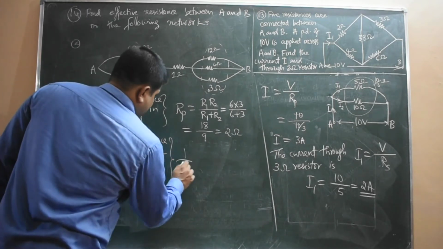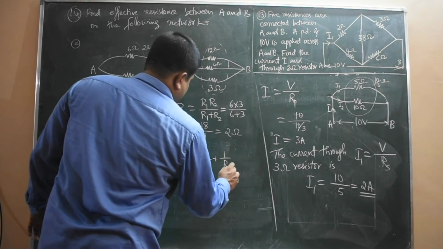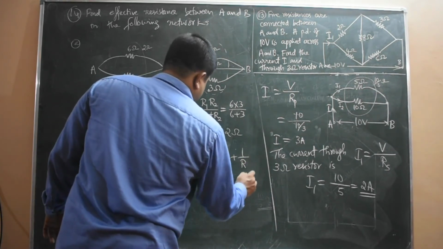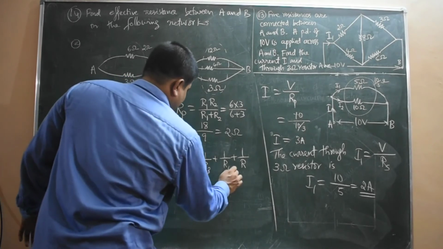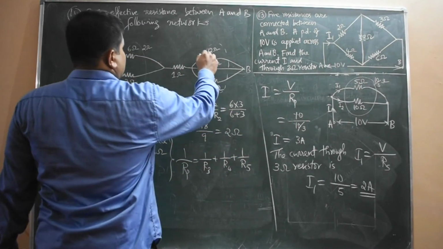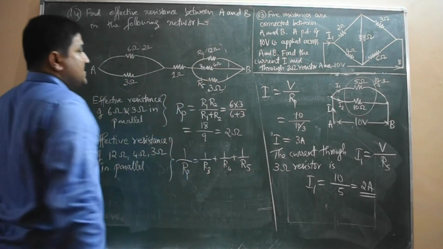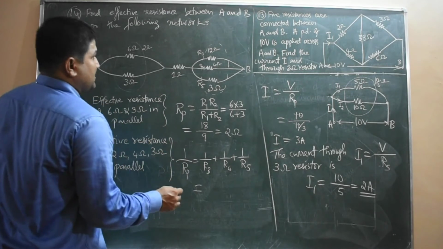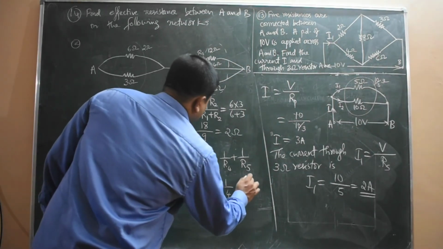In such case I take 1 by Rp equal to 1 by R1 plus 1 by R2 plus 1 by R3. Now I can take the resistances as R3, R4, R5. This is R3 now, this is R4 and this is R5. So then 1 by Rp is 1 by 12 plus 1 by 4 plus 1 by 3.